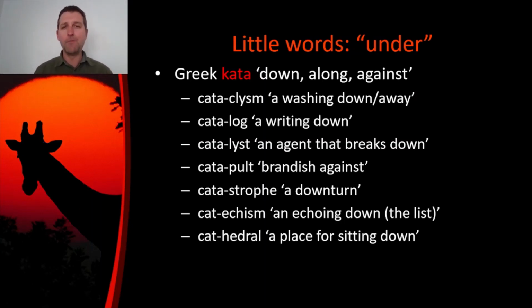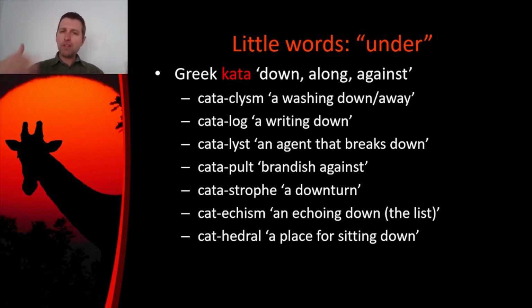Sort of staying in the same semantic sphere, a cathedral, the hed part in cathedral, the H-E-D part there, comes from the Greek root for to sit. So originally, a cathedral was a room that somebody would sit in, and not just anybody, but usually a king. So a cathedral was originally a place like a throne room for someone who is a member of royalty to sit.